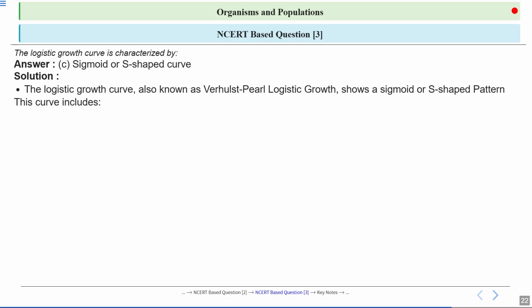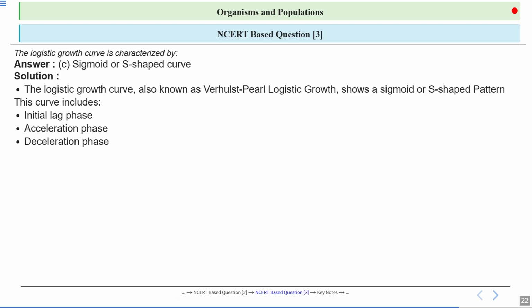This curve includes an initial lag phase, where the population grows slowly because it is just beginning to establish itself and is adjusting to the conditions. Then comes the acceleration phase. During this phase, the population grows rapidly as resources are abundant and conditions are favorable. Next is the deceleration phase.